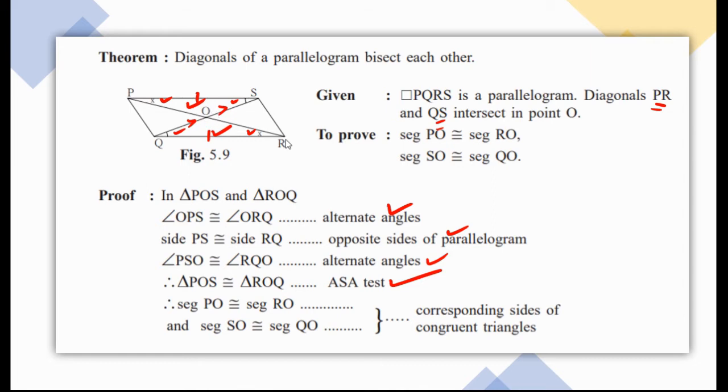PO इसके बराबर है RO and SO equal to QO, because we have proved the triangles are congruent. So they are the corresponding sides of congruent triangles. We prove that diagonals of a parallelogram bisect each other. Understood?